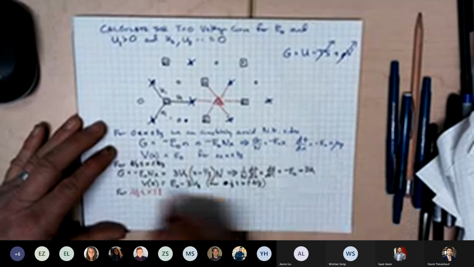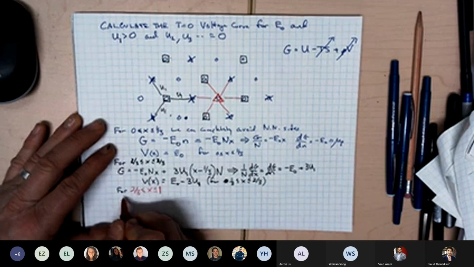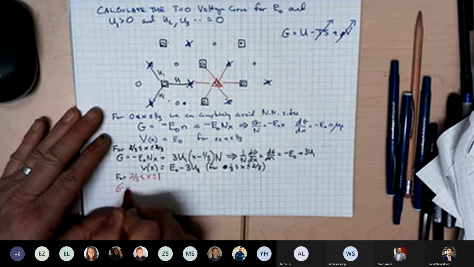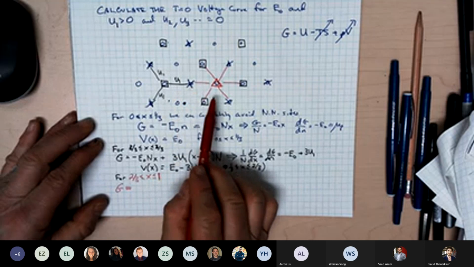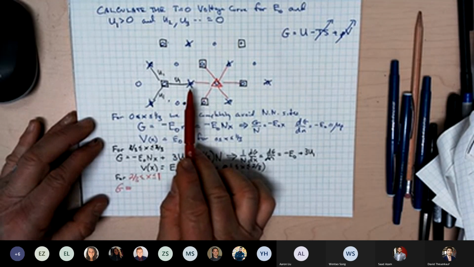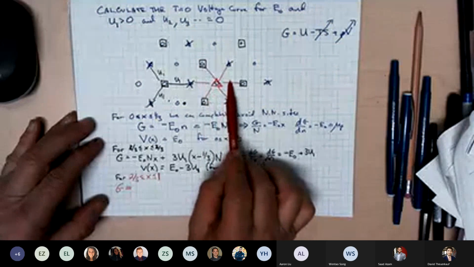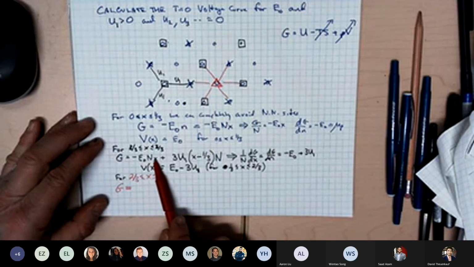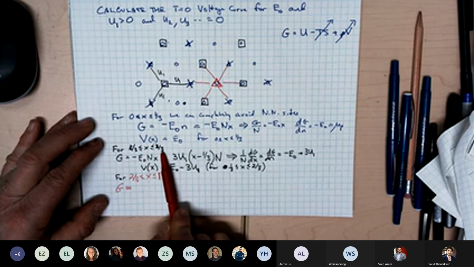So if you write down an expression for G again, now it's the value of the free energy that existed when you were 2/3 filled, plus this additional part that you get. So what we have to do is take the value of the free energy when x is 2/3.